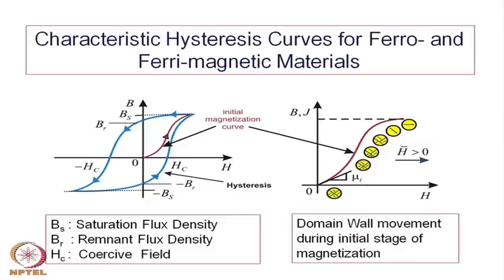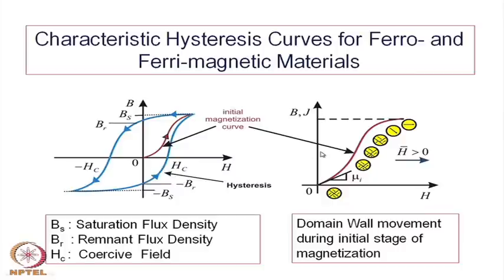So, that is why the reverse curve does not follow the same curve as in the forward direction, but the reverse curve is different, and you have remnant magnetization as well as coercive field, which we have discussed earlier. So, primarily it is the domain wall movement which is responsible for the ferromagnetic or the antiferromagnetic hysteresis curve.